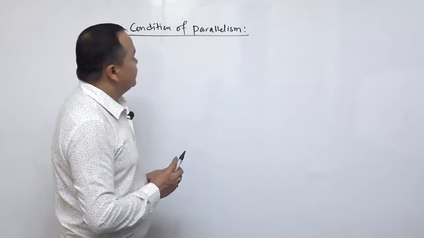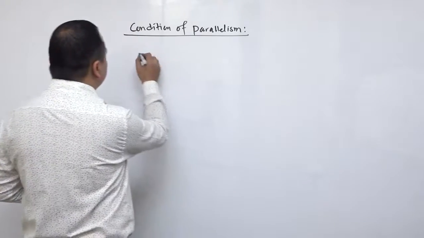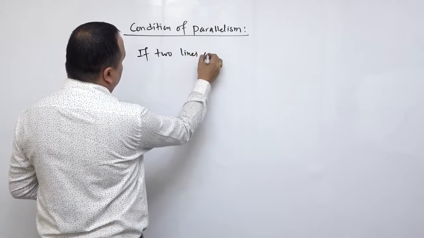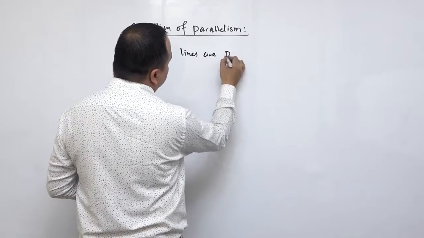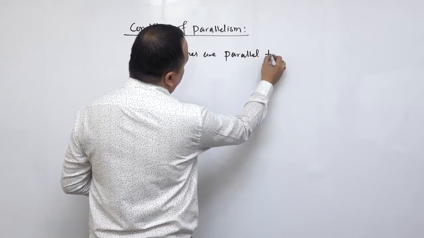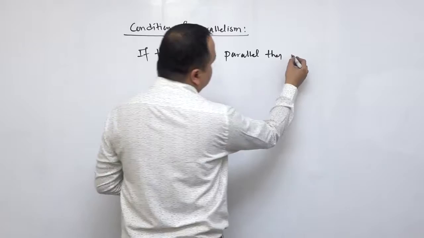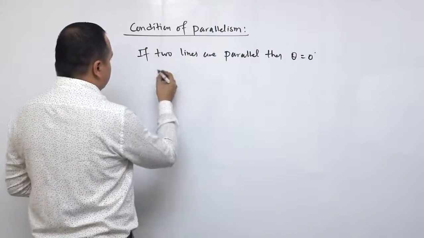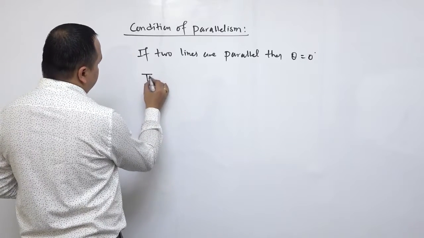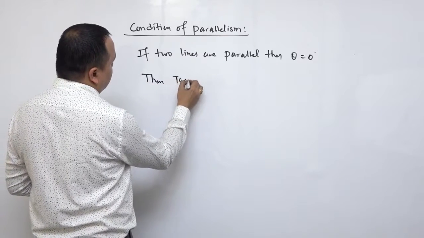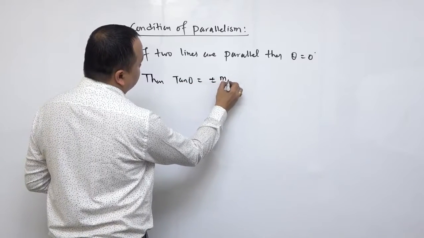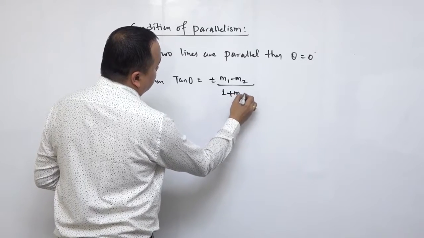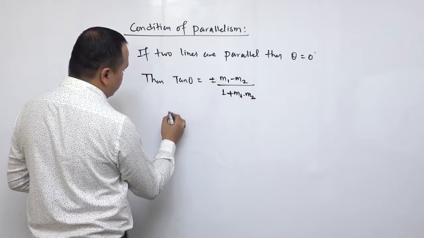Now, the condition of parallelism. If two lines are parallel, then theta is 0 degrees. Then tan 0 is plus minus m1 minus m2 upon 1 plus m1 into m2.